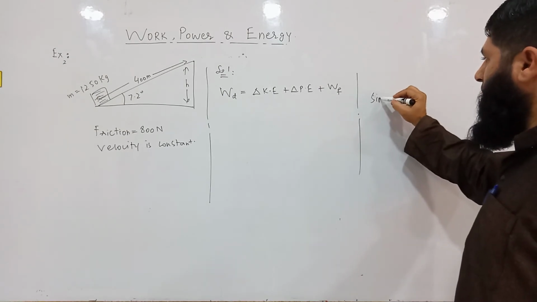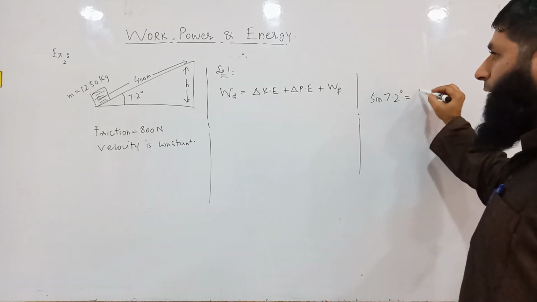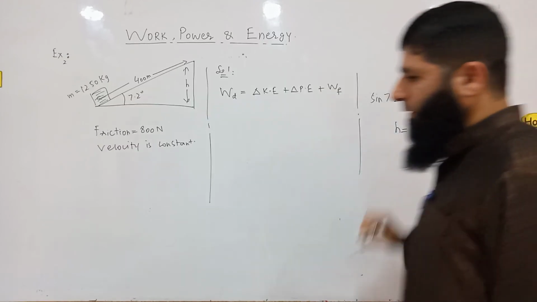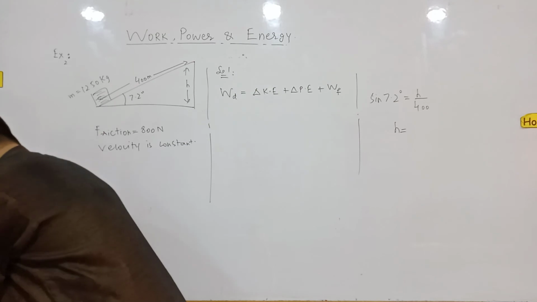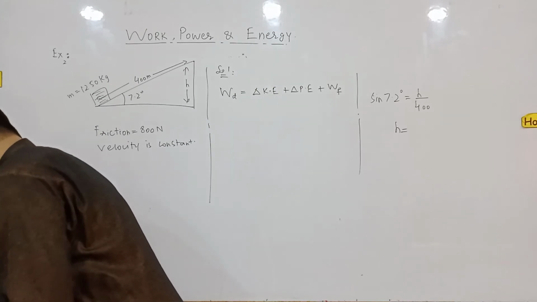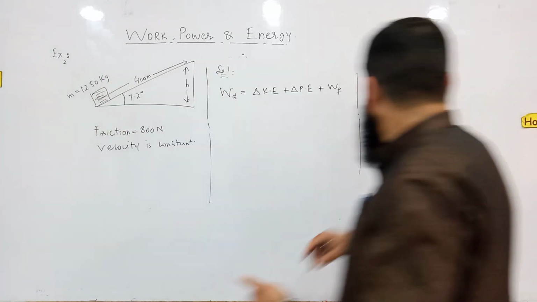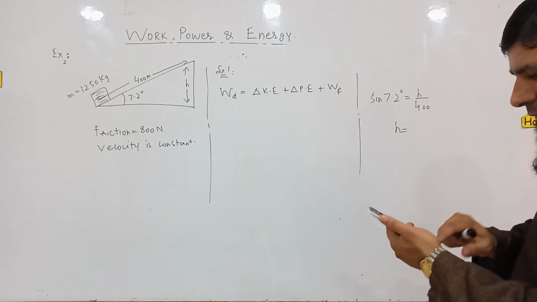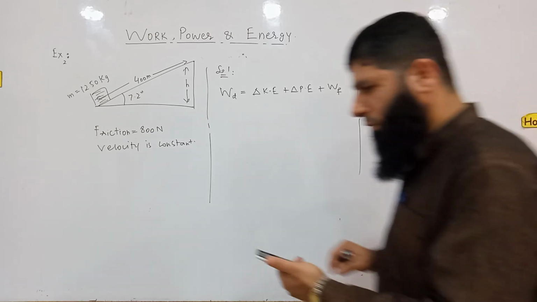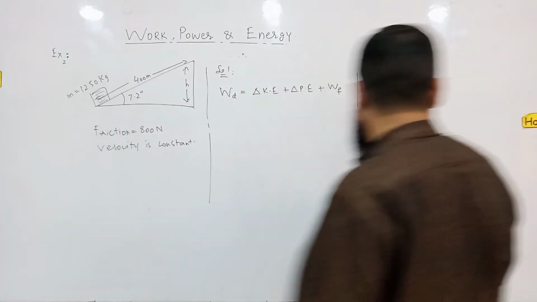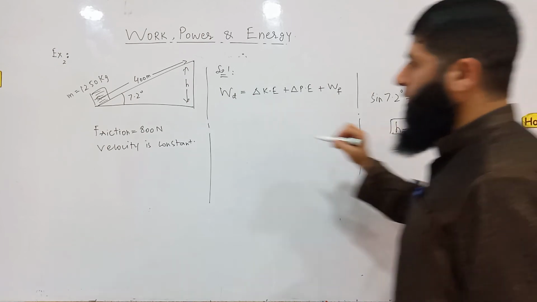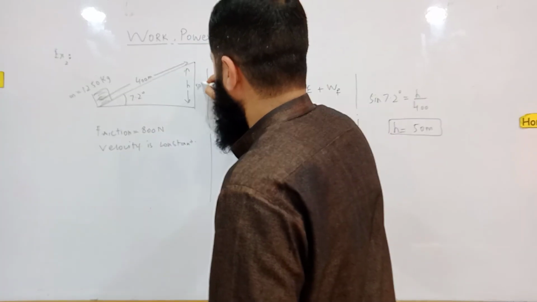We know that sine 7.2 will be equal to h over 400. So h will be equal to 400 into sine 7.2. So that will be almost 50 meters. So this height is basically 50 meters.